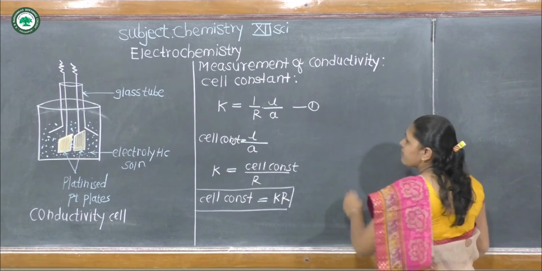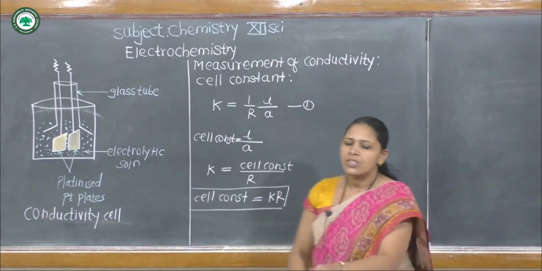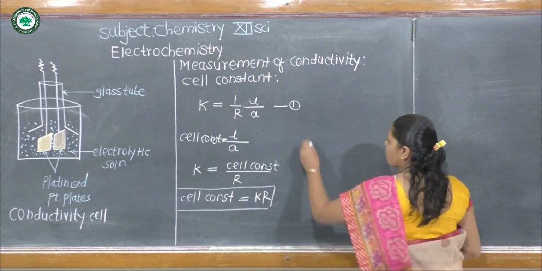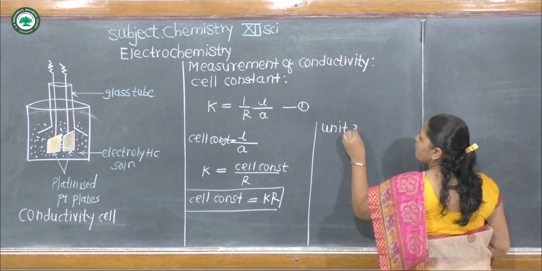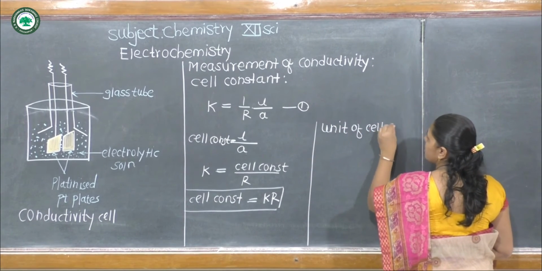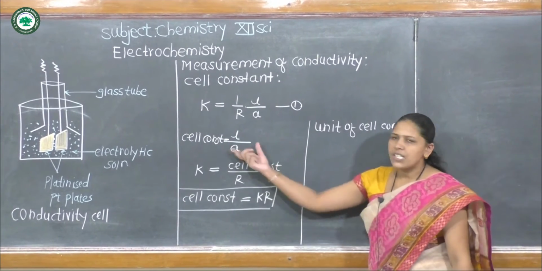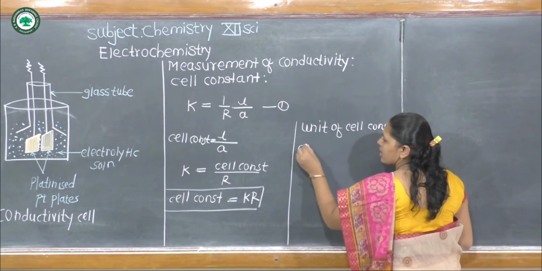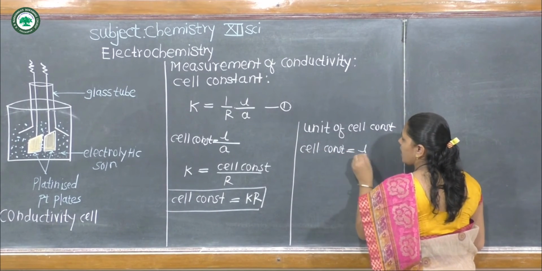Then the next point is the unit of cell constant. Cell constant is equal to l upon a.